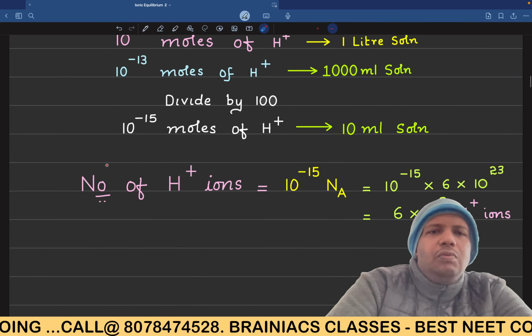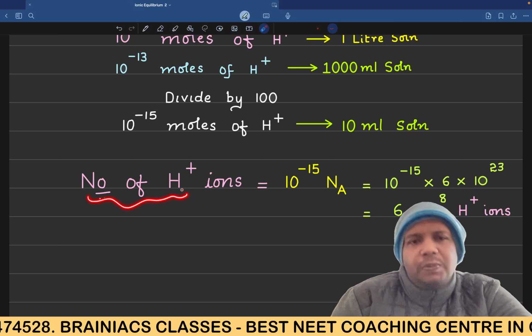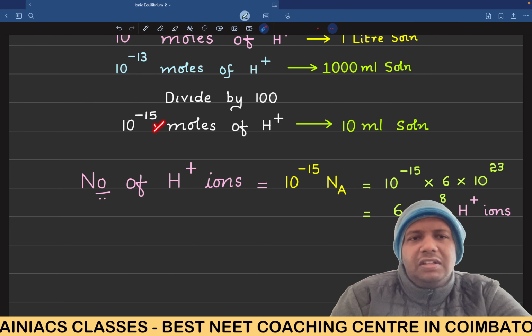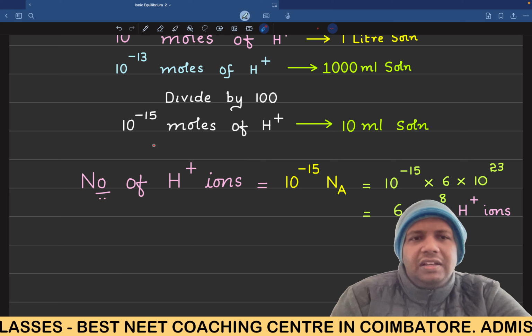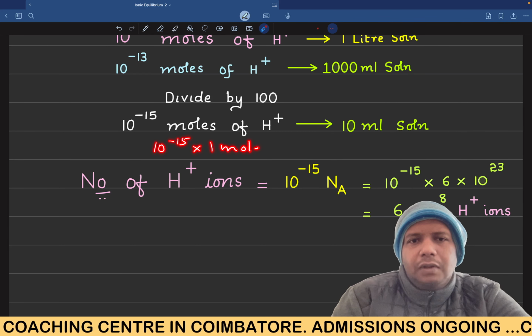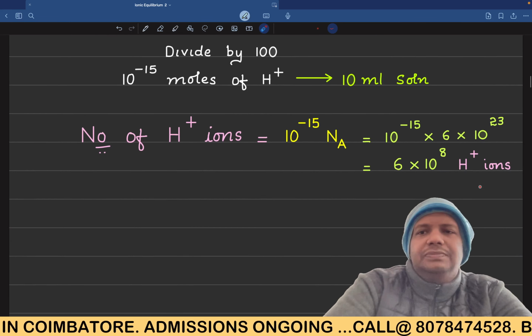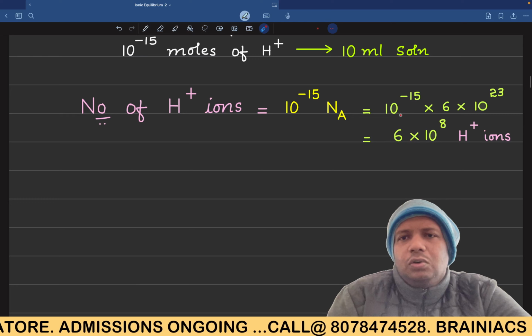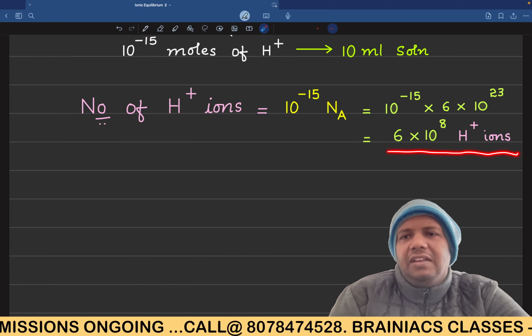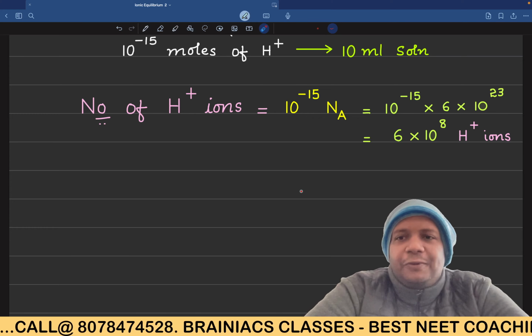Now we know this many moles are present. We need the number of H plus ions, so we need to convert the moles into a number. 10 power minus 15 mole means 10 power minus 15 into 1 mole. And we know 1 mole is 6 into 10 power 23. So you get 6 into 10 power 8 H plus ions. I hope the answer is clear for you.